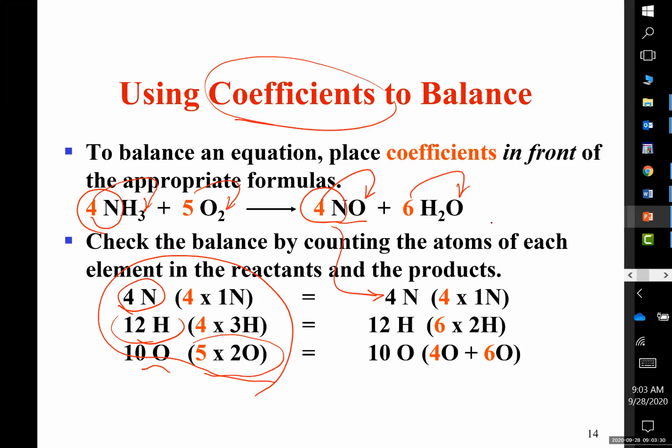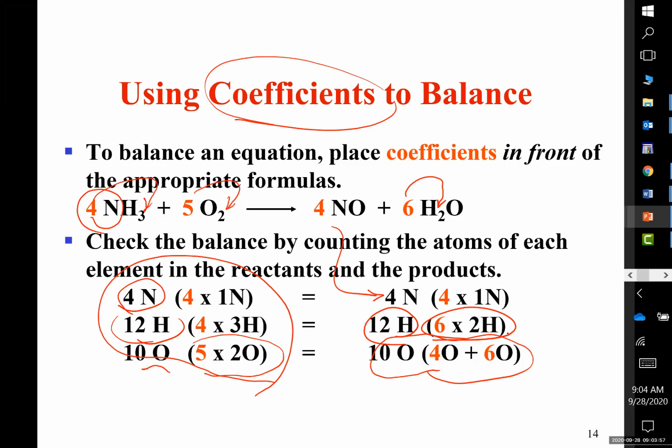So can I say 4 plus 6 oxygen is 10 oxygens. That's total oxygen on the right-hand side. How about number of hydrogens? Can I say 6 times 2? 12 hydrogens.